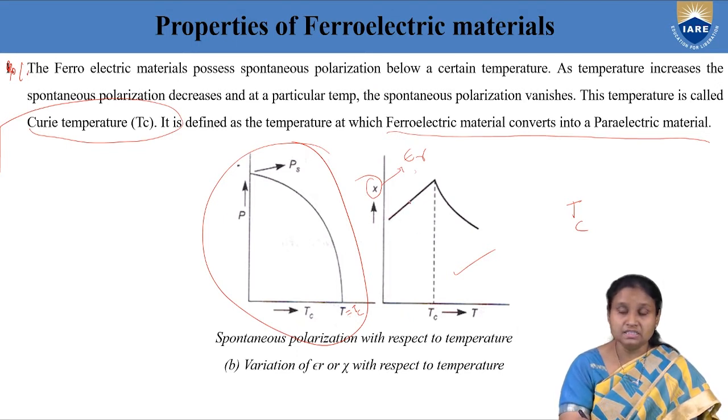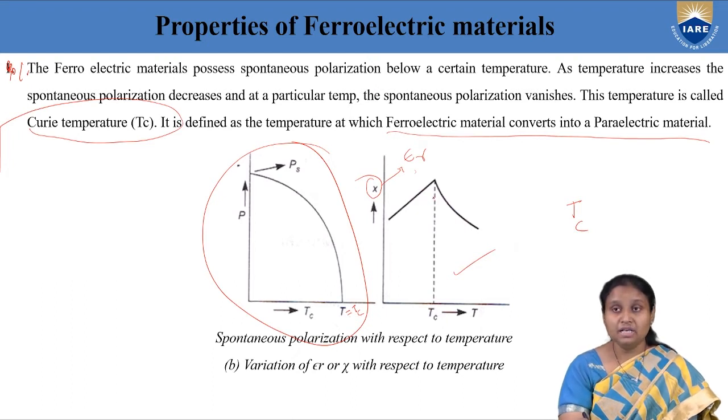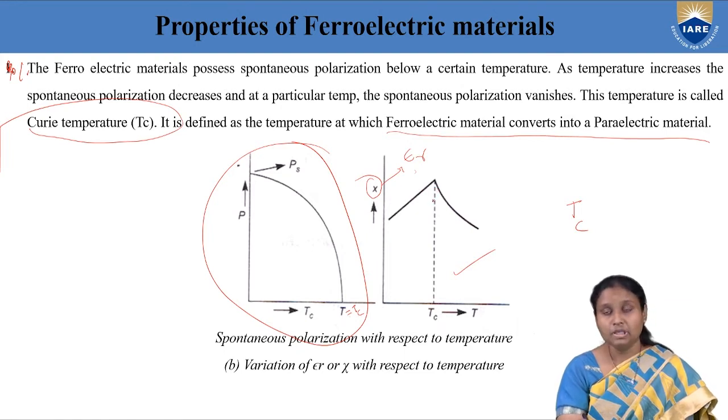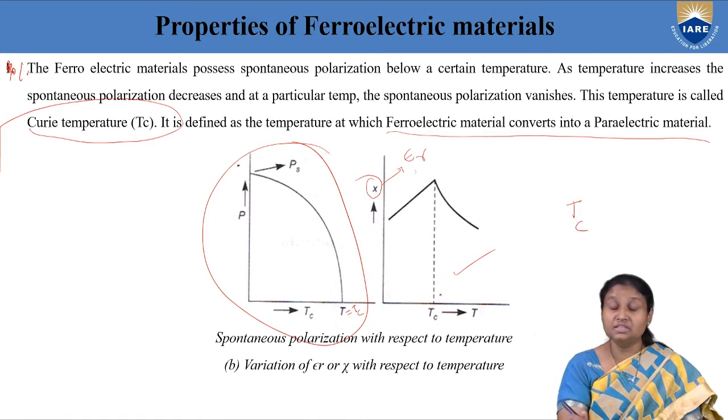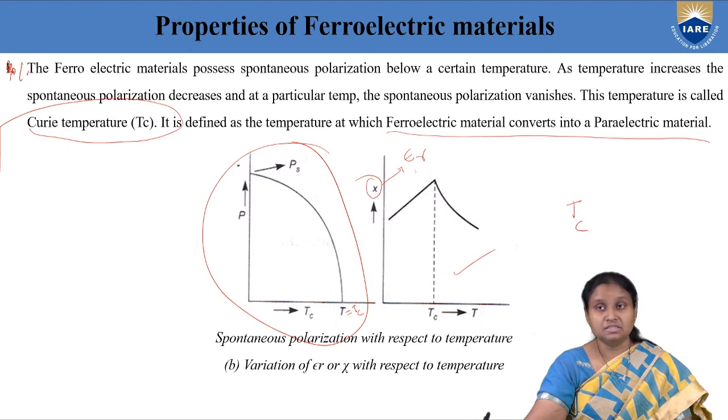First it is increasing, and then once I reach a temperature equal to Curie temperature Tc, the dielectric constant has gone to its maximum value. So the dielectric constant associated with a ferroelectric material will have its maximum value at temperature Tc, the Curie temperature, where there is a transition of the material from ferroelectric to paraelectric state.